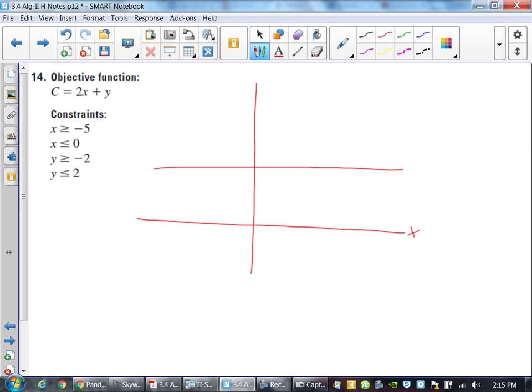That's here, and it's moving up. X is less than or equal to 0 is here, and it's moving down. So you've got that ribbon. Now we're going to put ends on it. At -2 and +2, y equals -2. So y is greater than or equal to -2, and y is less than or equal to 2.